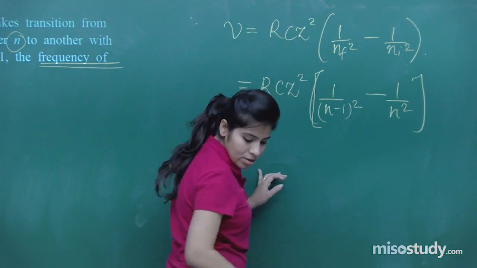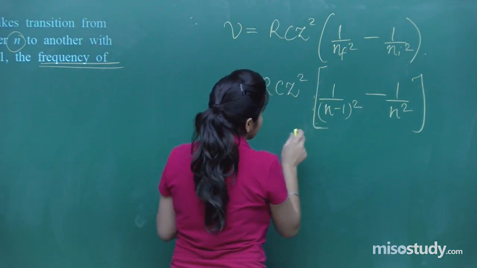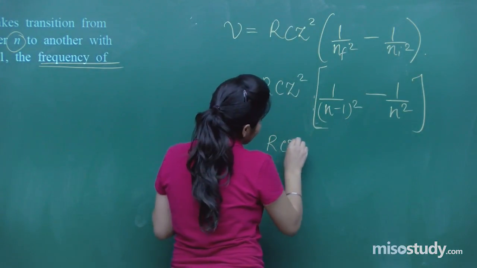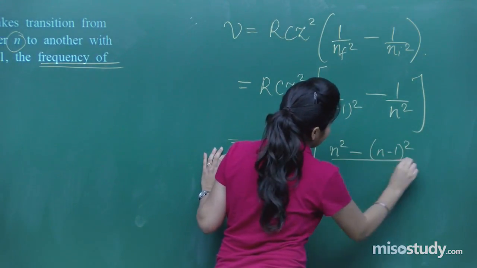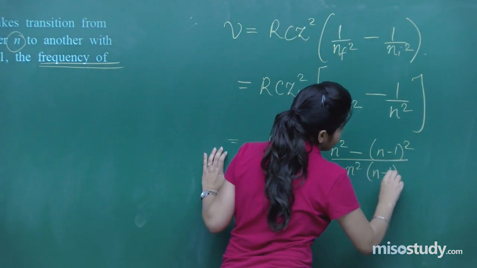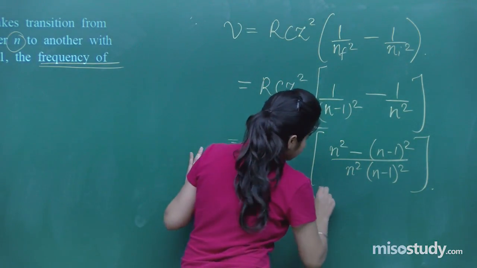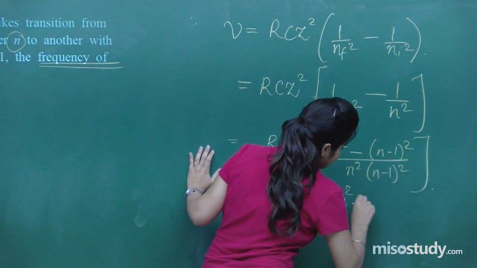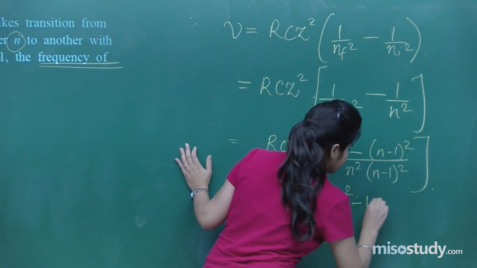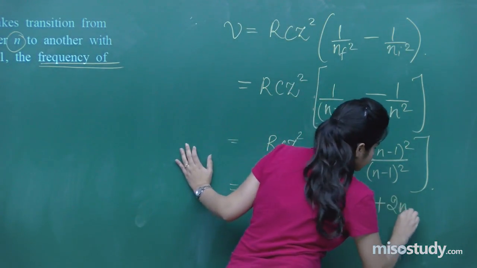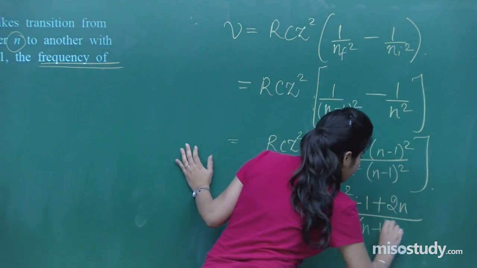So we can solve for this. Just open it, we will have n square minus (n minus 1) whole square divided by n square into (n minus 1) whole square. If you solve this, you will have a square plus b square minus 2ab divided by n square into (n minus 1) whole square.